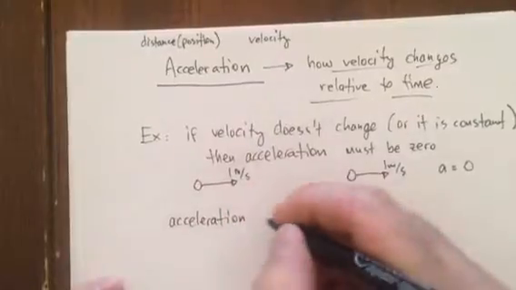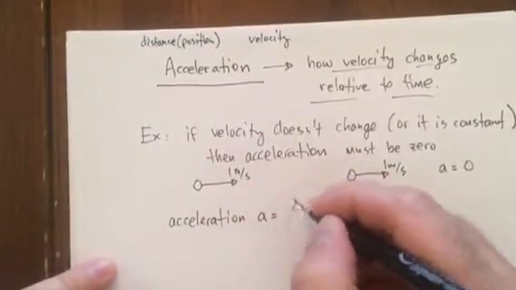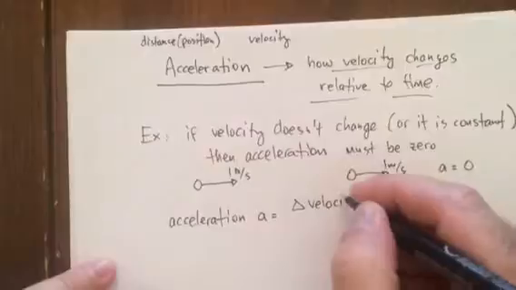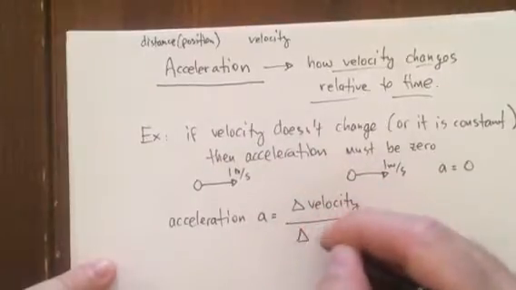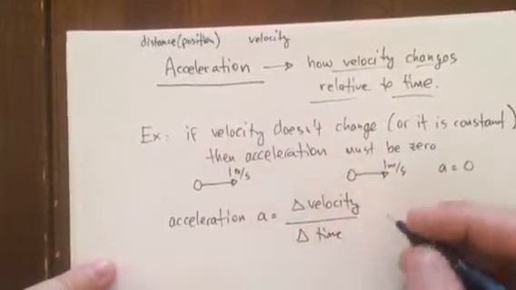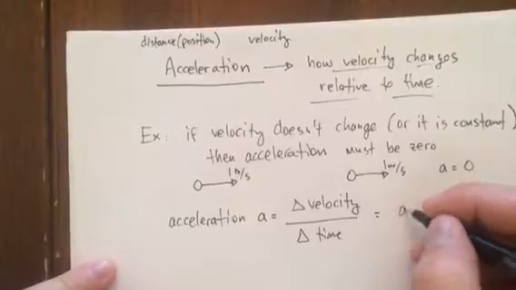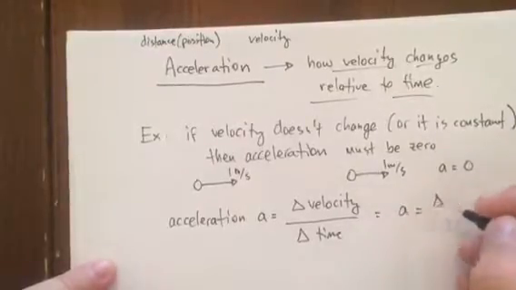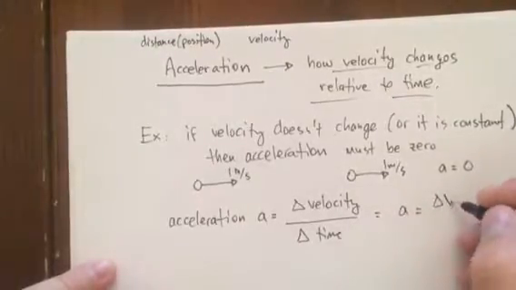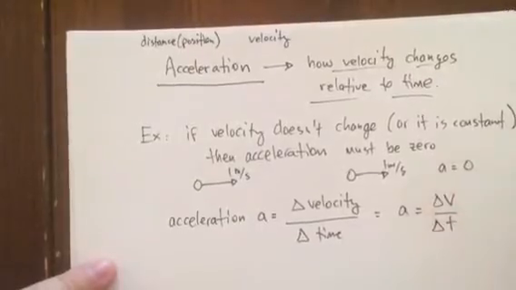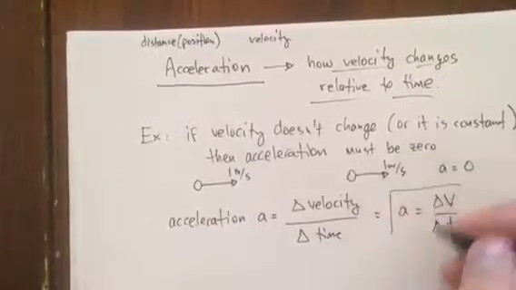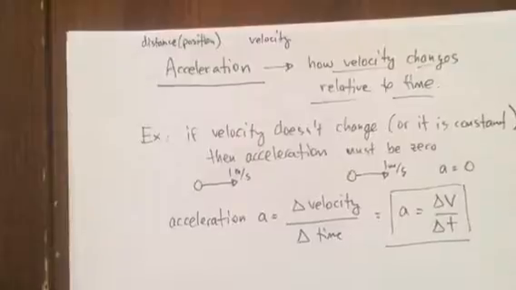Acceleration, here's the definition. A is going to be the change in velocity over the change in time. Symbolically, acceleration is delta or triangle change in v over change in t. And that's the definition of acceleration.